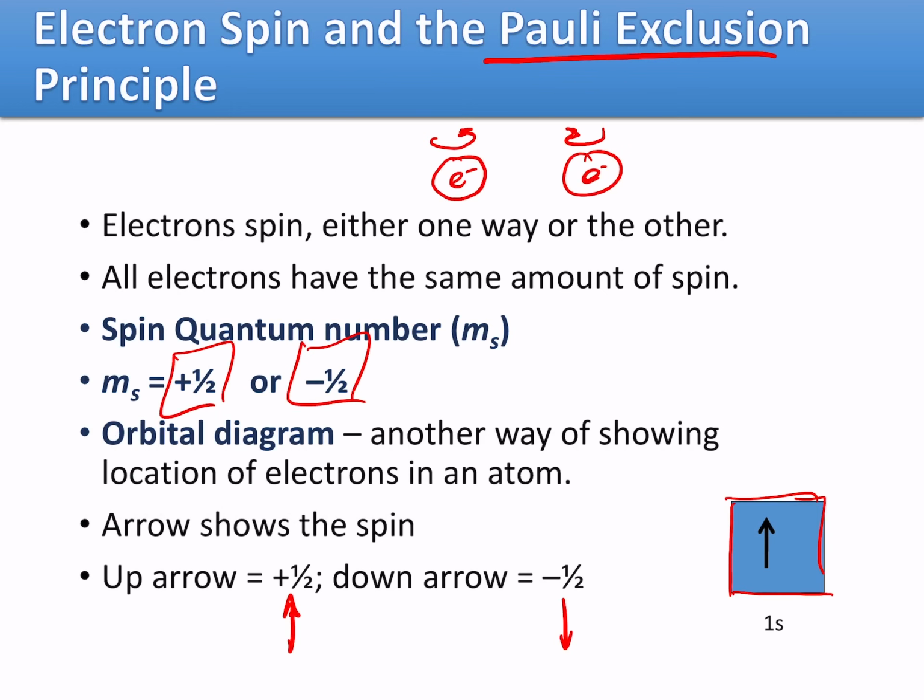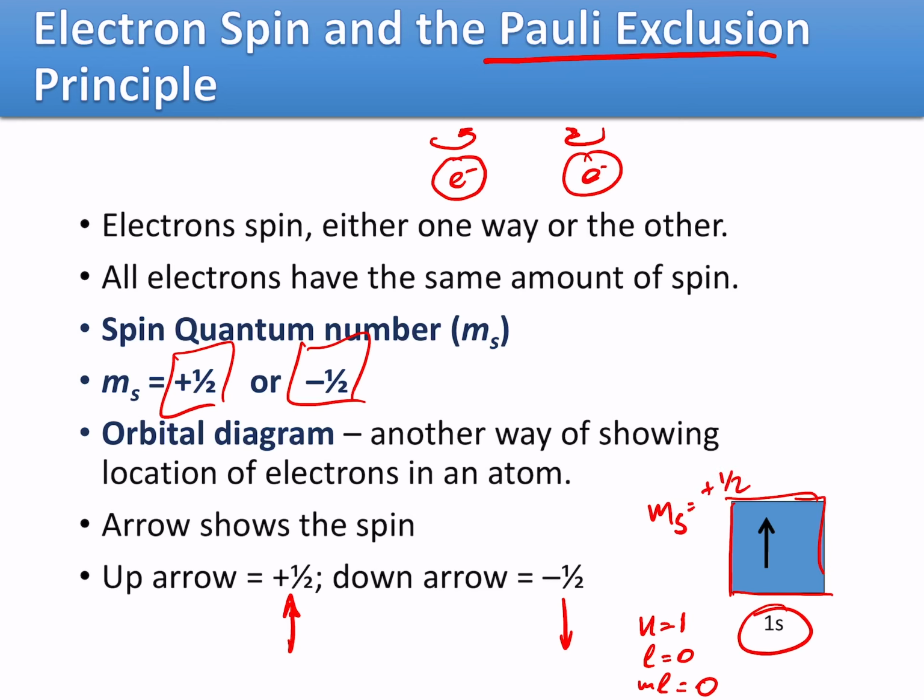So remember, for the 1s orbital, n equals 1, L equals 0, and ML equals 0. Just by saying 1s, you are already defining those three values. The fourth number is the spin, and because you have an arrow pointing up, this spin is going to be +1/2.